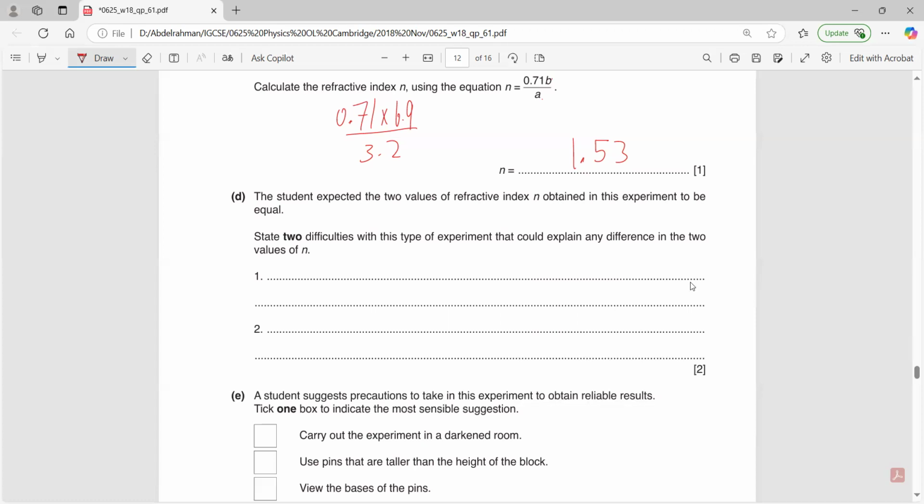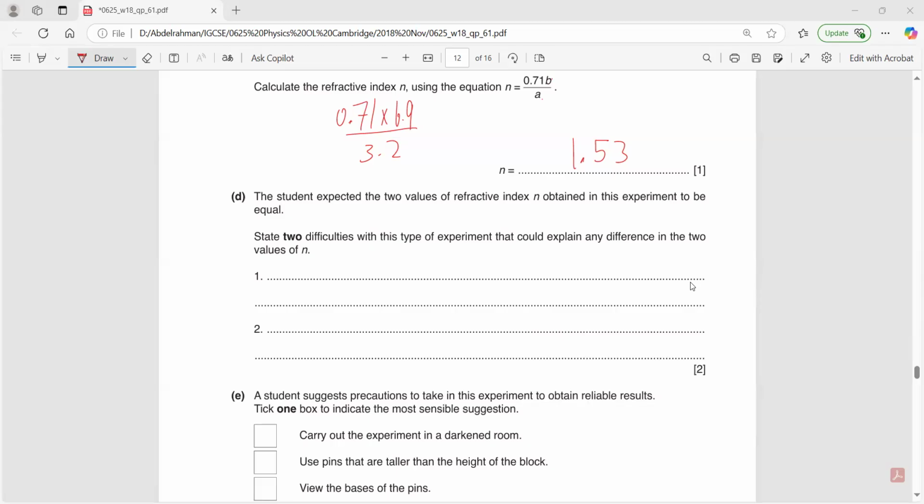I need some difficulties. We can talk about some of the precautions that weren't taken. For example, you should draw thin lines.